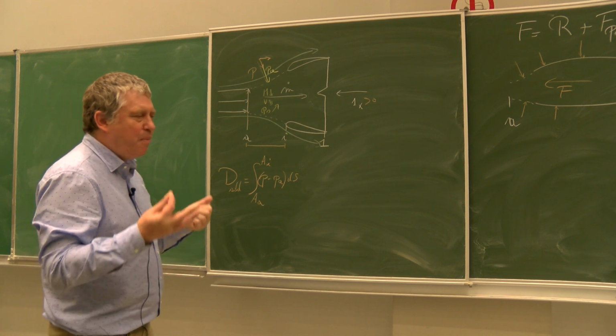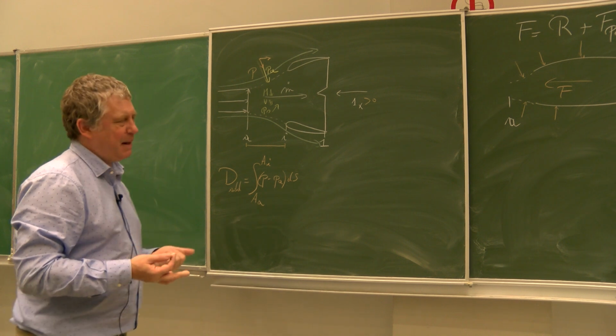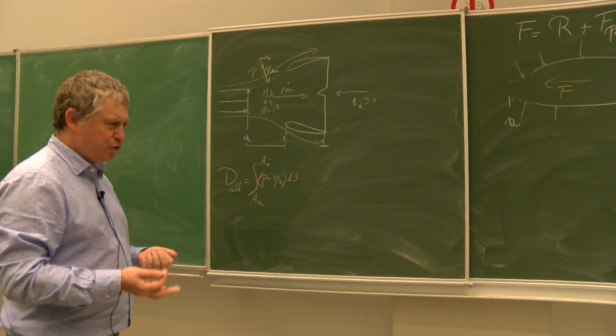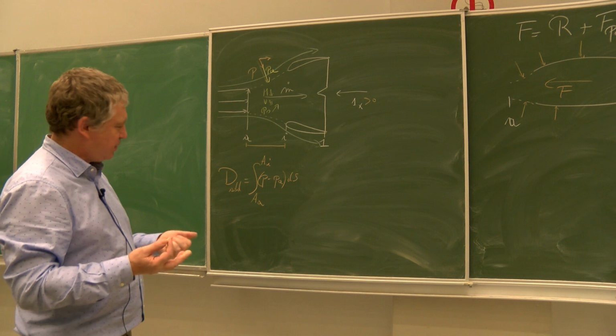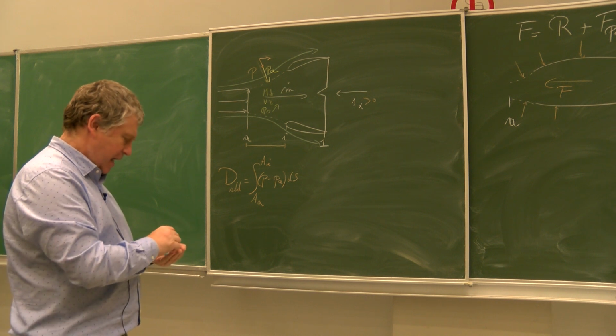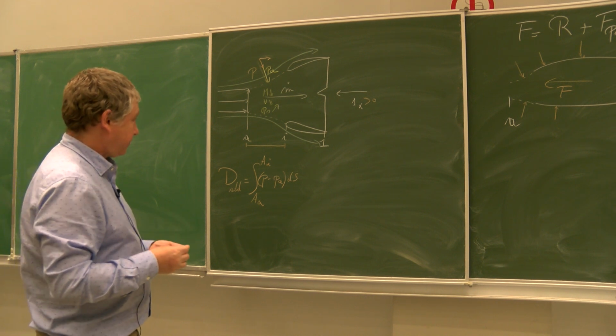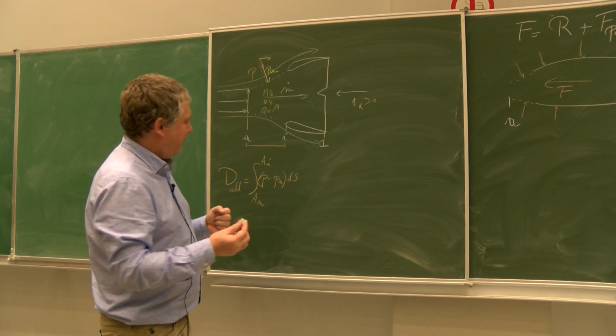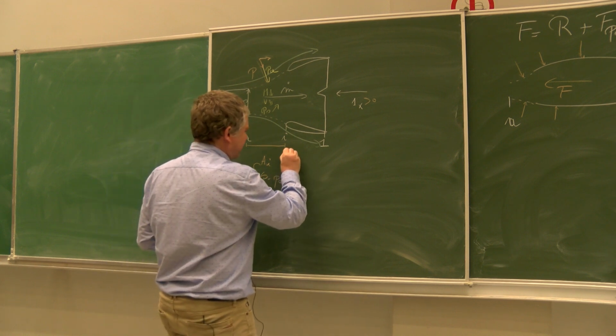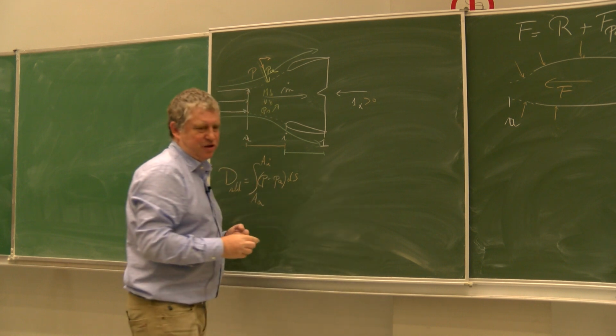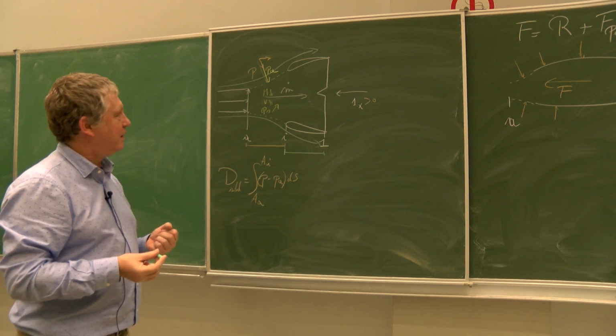So we need to be coherent with the signs, of course. The most coherent method is to say that a drag is negative and a thrust is positive, for example. But there is also another part of the flow, which is the part between the section I and the section 1.